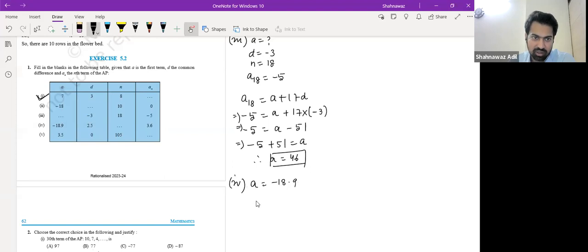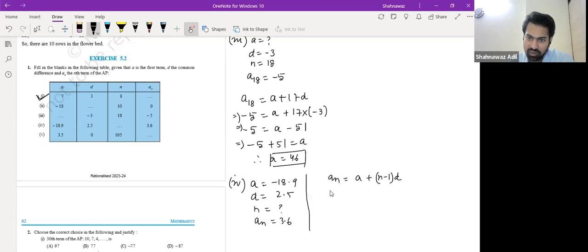And then D is also given. And what about N? It's not given, and then An is given, right? Yes. So we just write the general formula. An is A plus N minus 1 into D.